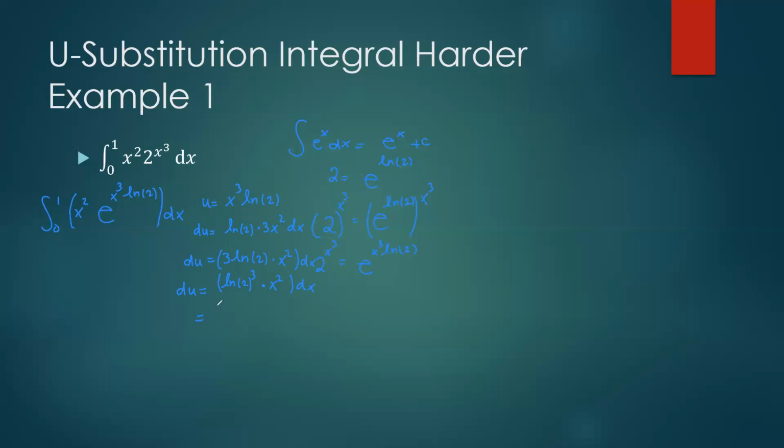Okay, so then ln of 2 to the third is the same thing as ln of 8 times x squared dx.